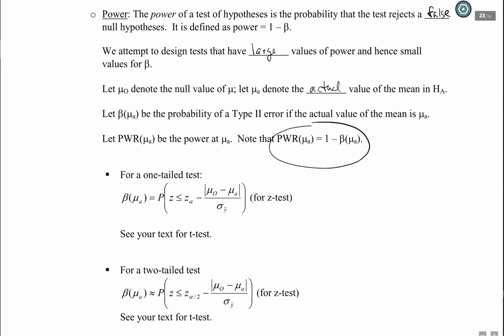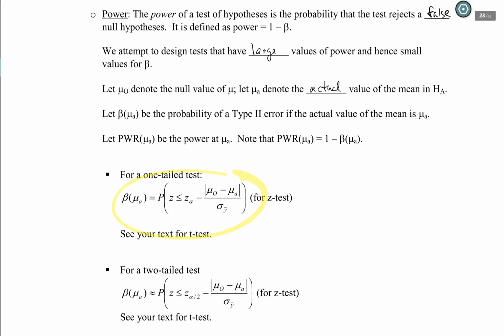Notice I have beta of mu a as kind of like a function notation. This is saying that the power is a function, or it depends upon the actual value of the mean. Now, I'm not going to derive these formulas here. I'm just going to present them to you. For a one-tail test, a z-test in particular, this formula here gives us the type 2 error rate, and 1 minus that would give us the power.